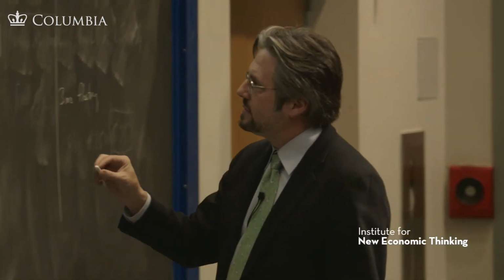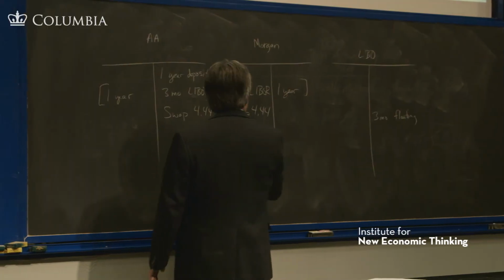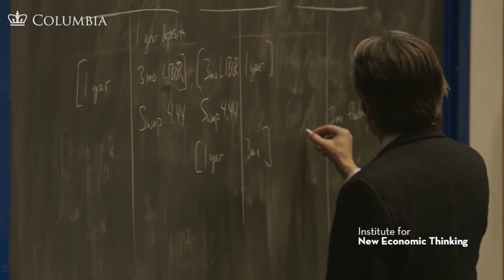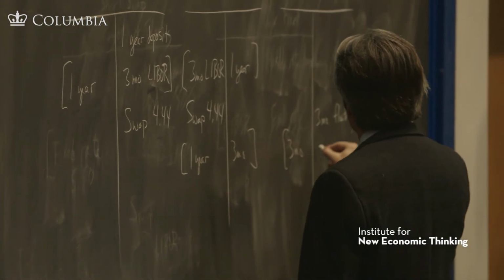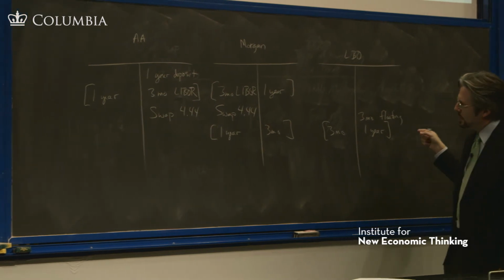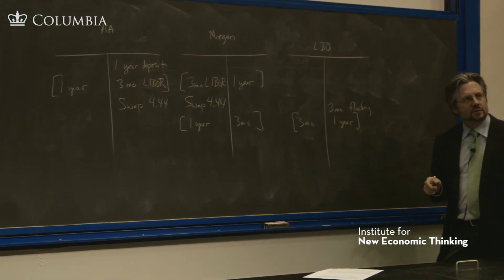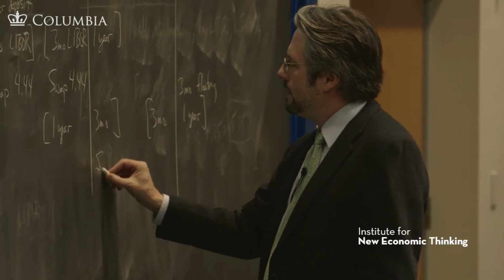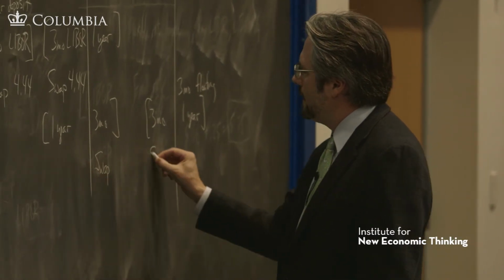So that's what we do. 1 year, 3 months, okay? 3 months, 1 year. Okay. Again, I'm showing the notional parallel loan structure here. And we'll have the swap, actually putting it on the balance sheet here.